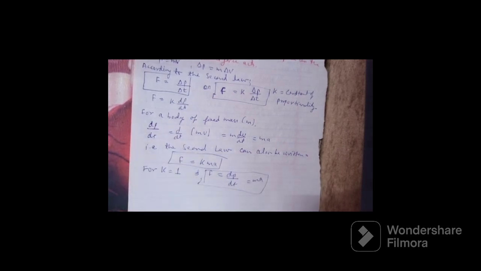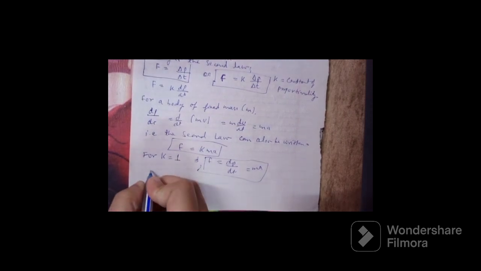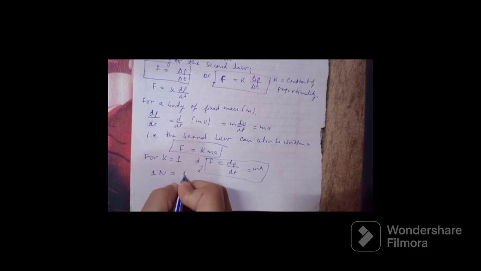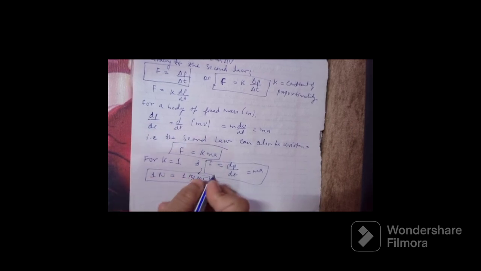The SI unit for force is that which causes an acceleration of 1 meter per second squared to a mass of 1 kg, and this unit is also known as the newton. So 1 newton equals 1 kg meter per second squared.